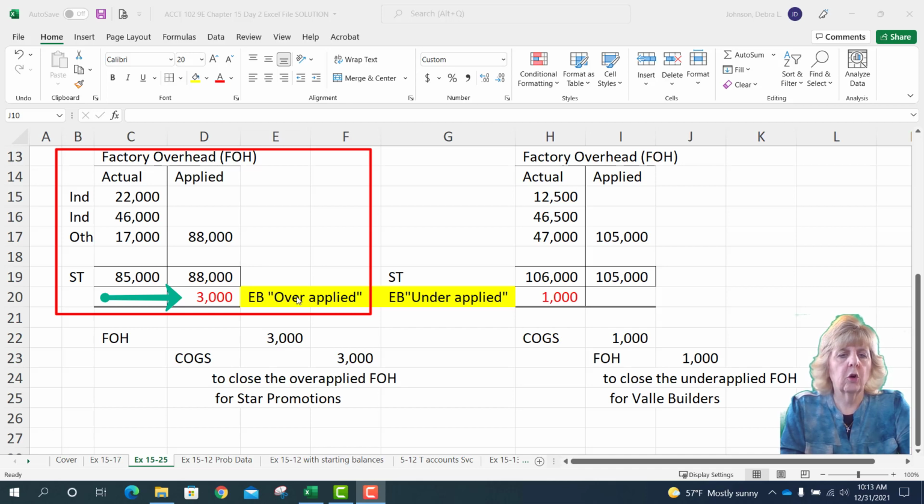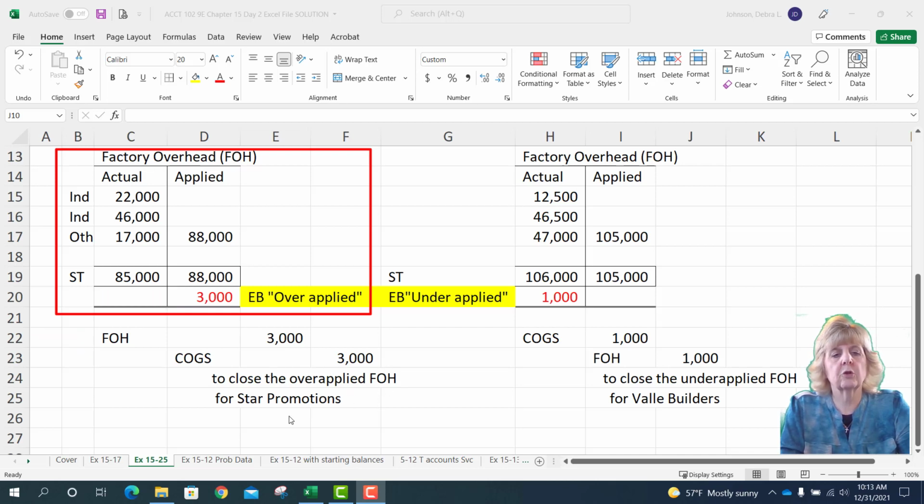We call this over-applied. Since a credit balance exists and we have to wipe out this factory overhead account, we would do the opposite, which means if it has a credit balance, we would debit factory overhead with the offset going to cost of goods sold.